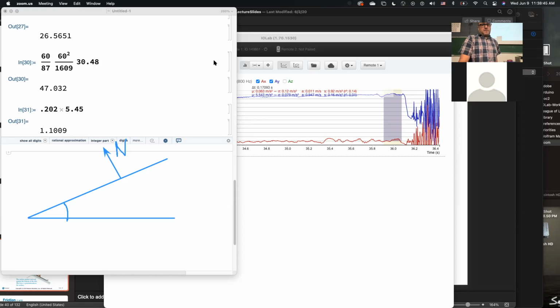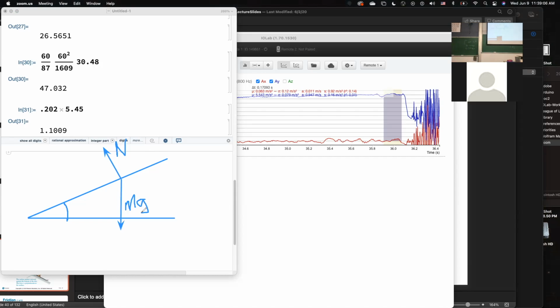And I know that mg is going this way. That is the force due to gravity, which is m times g.